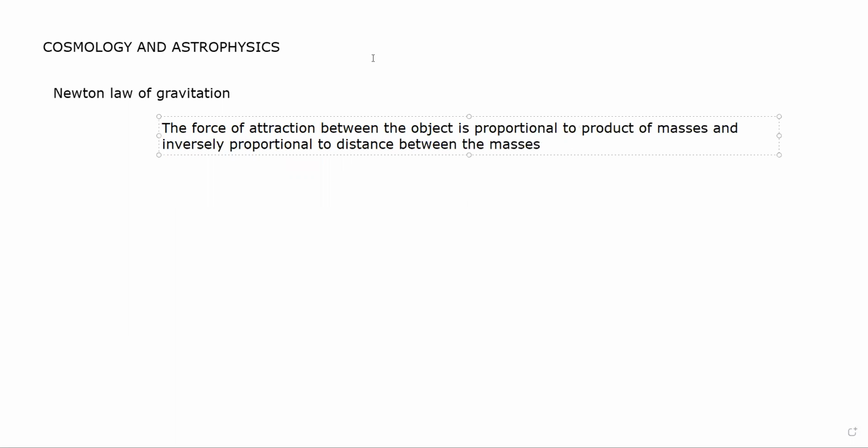So if we have two objects, two masses, whenever the mass is there, there is always a force of gravity. The strength of this force depends on which factors, according to Newton law of gravitation? For example, if you have two objects, one mass m1, another one mass m2. As there are masses, they will apply a force that is known as a gravitational force.